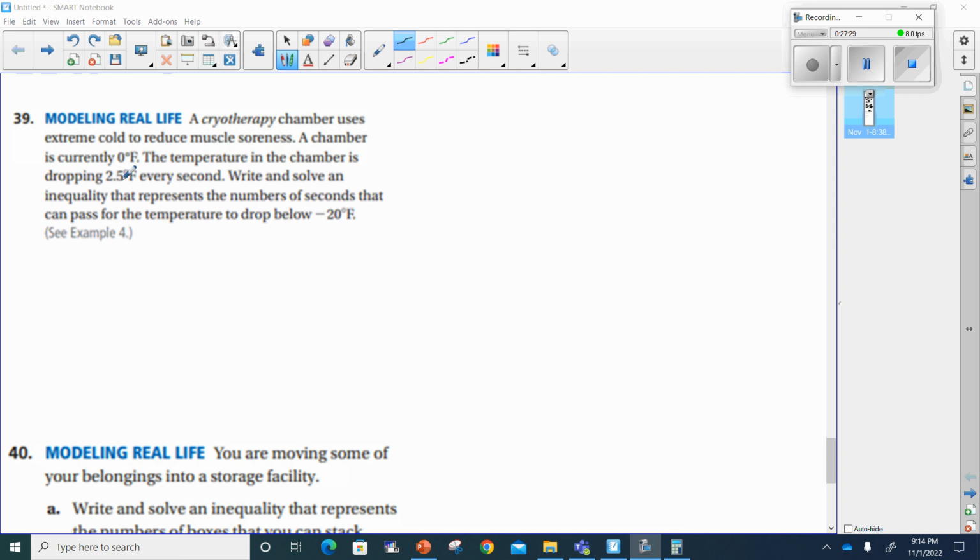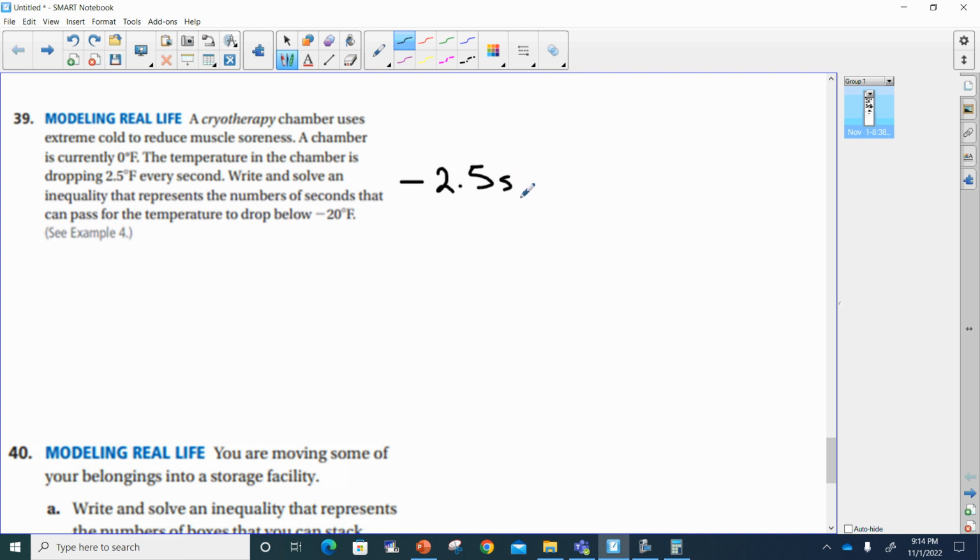All right, so if I'm dropping 2.5, that's a -2.5 every second. I'll put S for seconds. And I need to write an inequality for the number of seconds that can pass for the temperature to drop below, so it's going to be less than -20.